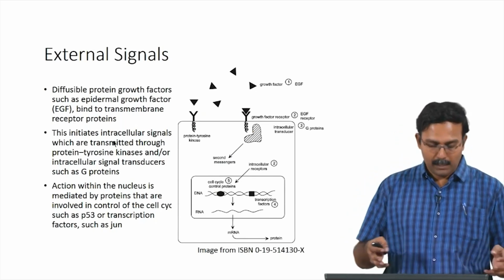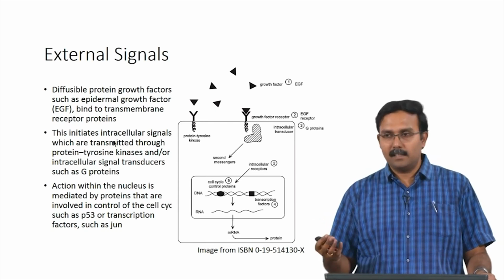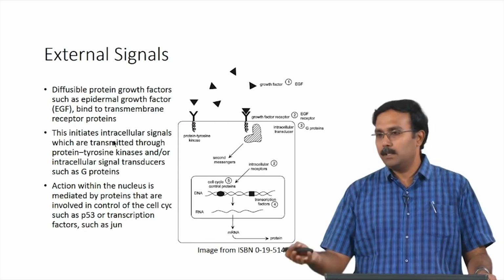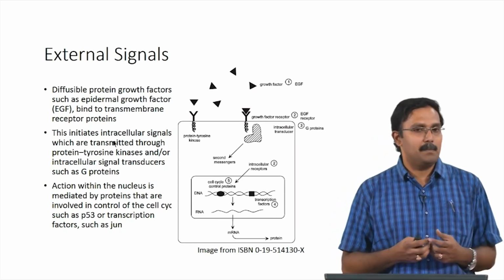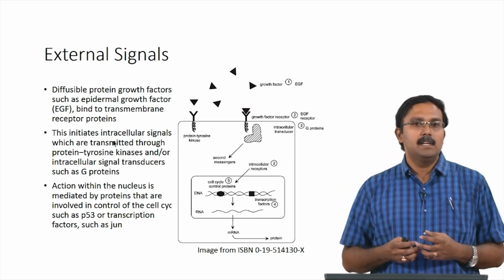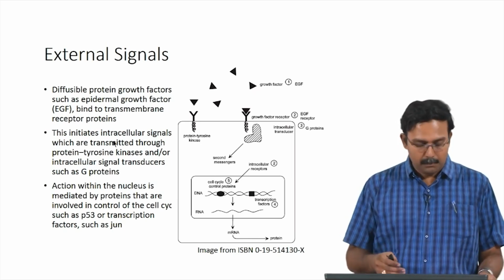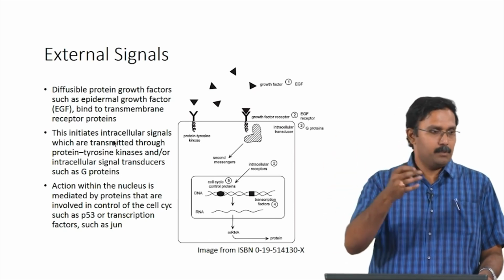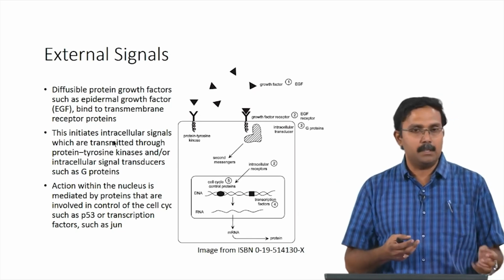Let us look at an example of an external signal, which is a growth factor present in the media in which the cells are being cultured. These diffusible protein growth factors have to diffuse and reach the receptor on the surface of the cell, where they bind to the receptor.